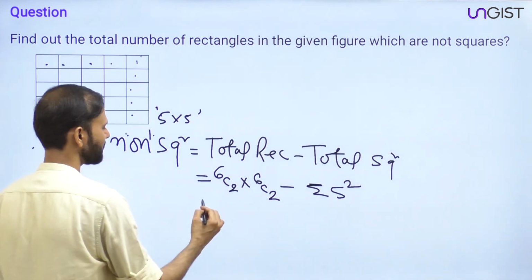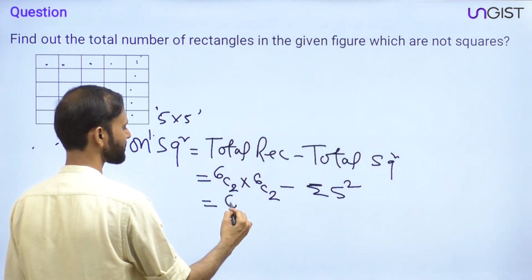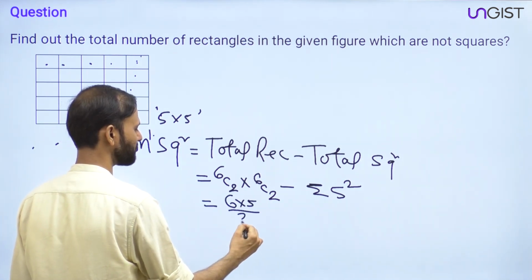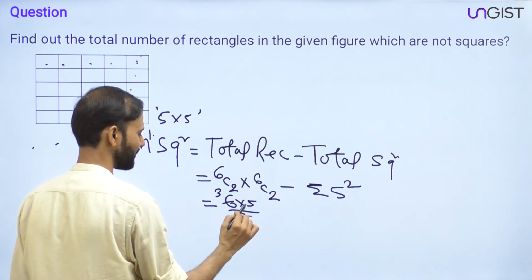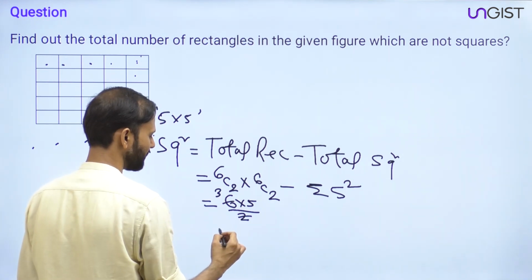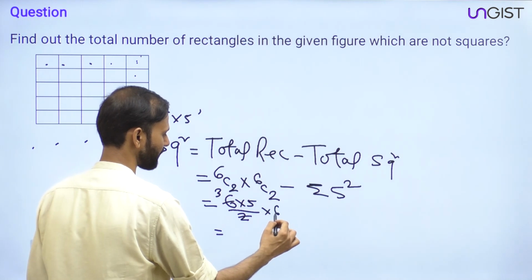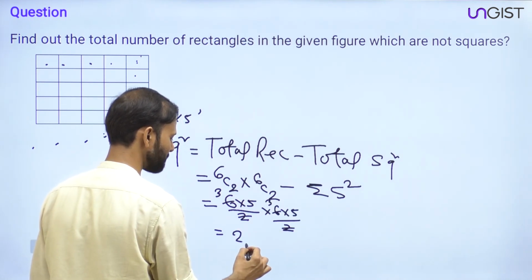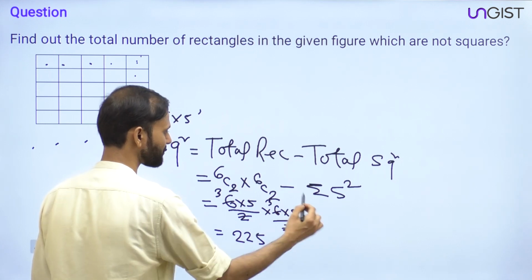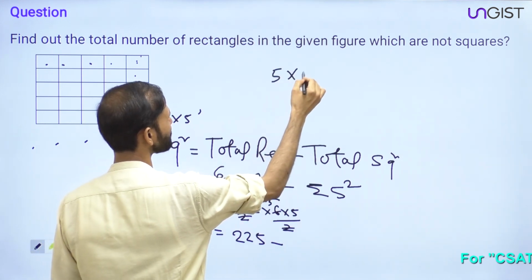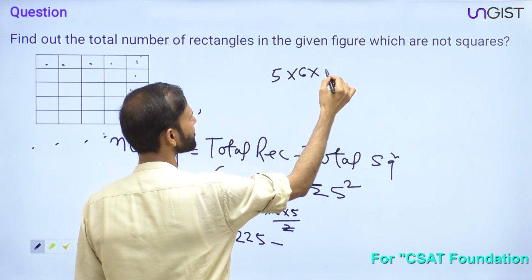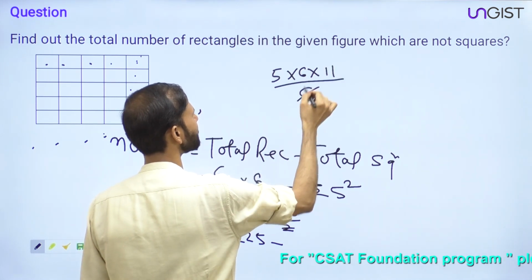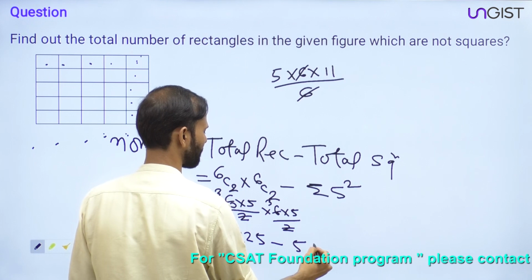Okay, now 6c2 is what? 6c2 is 6 into 5 divided by 2. So this is 15, right? So 6c2 is 15. So 15 into 15 is 225. Now sigma 5 square is 5 into 6 into 11 divided by 6, that is 55.